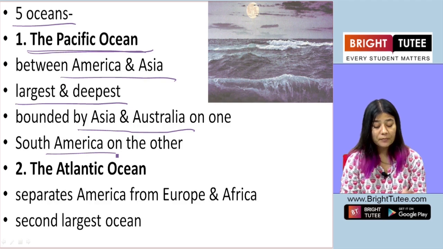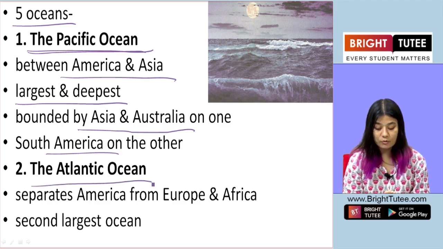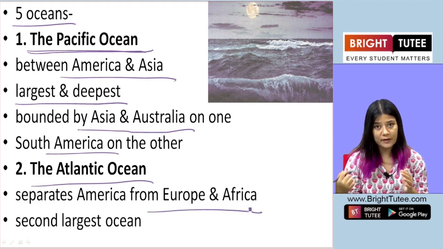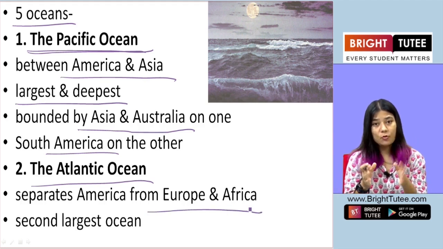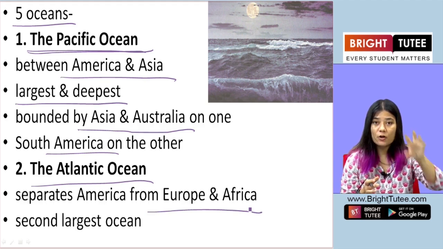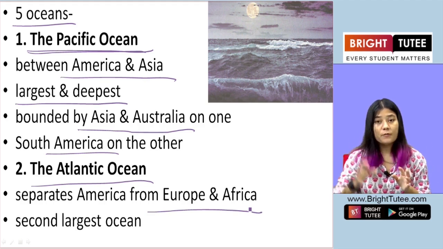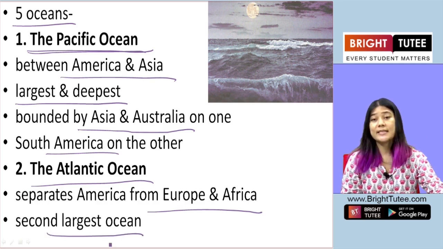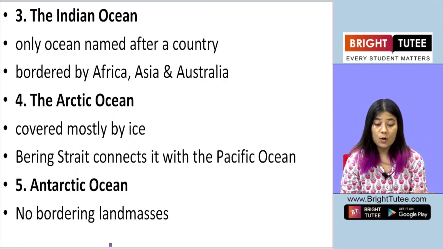Now let's look at the Atlantic Ocean. Atlantic Ocean is located in such a manner that it separates America from Europe and Africa. So the Atlantic Ocean separates the continents of North America and South America from Europe and Africa. The Atlantic Ocean is the second largest ocean in the world.